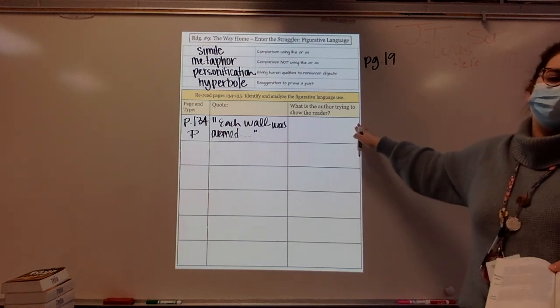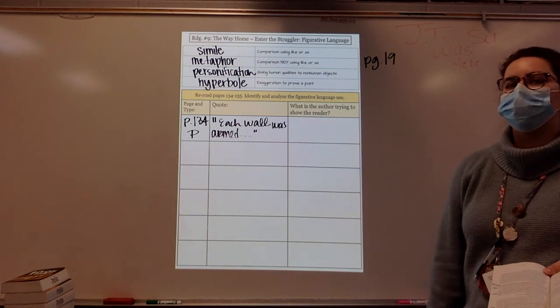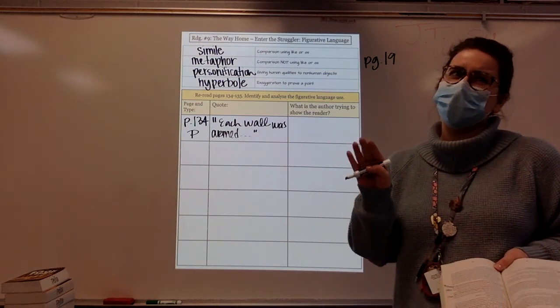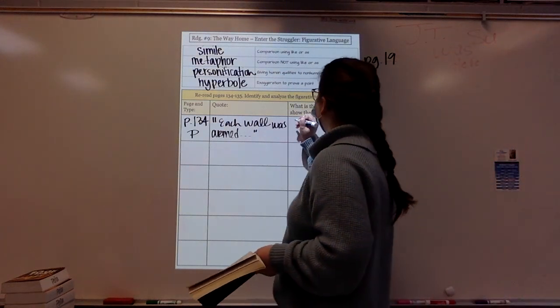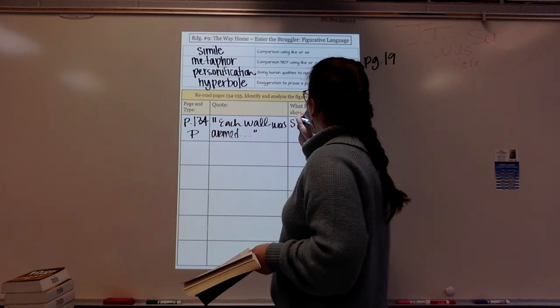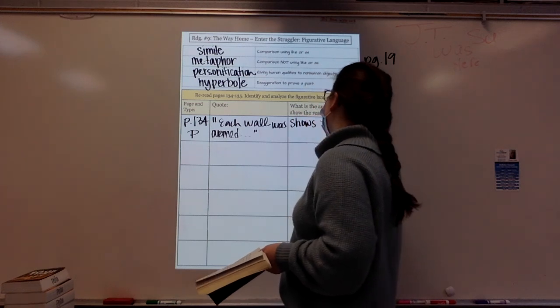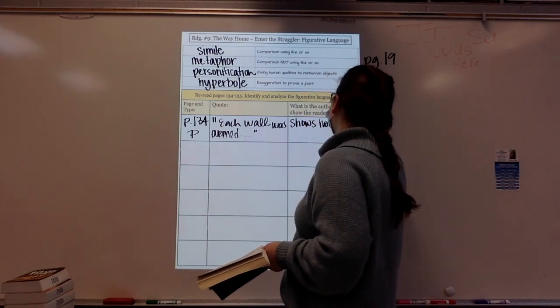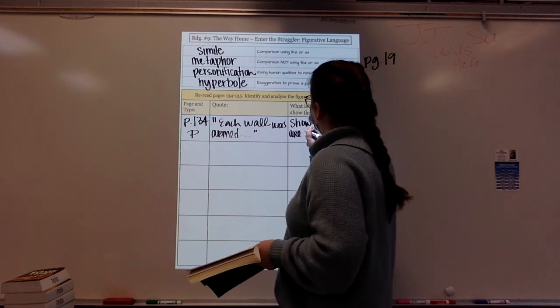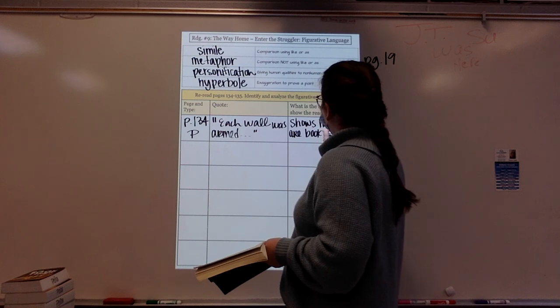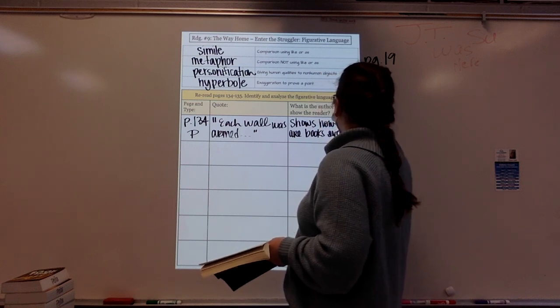Now, what do you think that the author here is trying to show us? Are there a lot of books everywhere or just a few books? Yeah, a lot. There are a ton of books in there. So we could say that this figurative language shows how there are books everywhere.